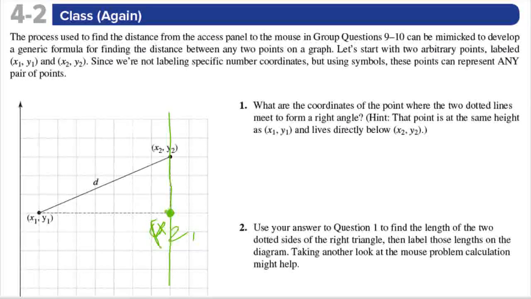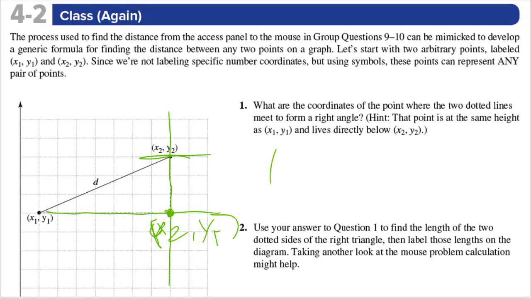And if I look at the y value, it is not going to be y2 because that's up here. But this happens to be on the same line as the x1, y1 point. So the point at the corner is x2, y1.